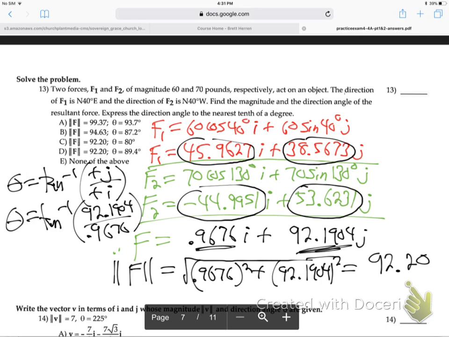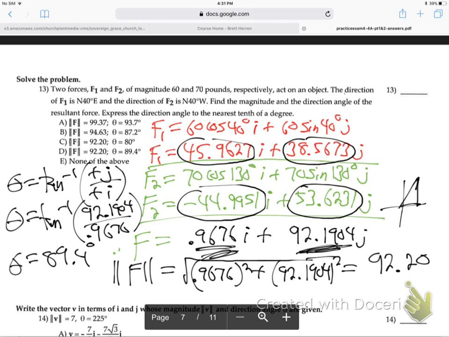Okay, so 92.1904 divided by 0.9676, and inverse tangent of that, I'm getting 89.4 degrees. And I don't need to adjust that because it's already in quadrant 1, right? This force is to the right and up, both positive.